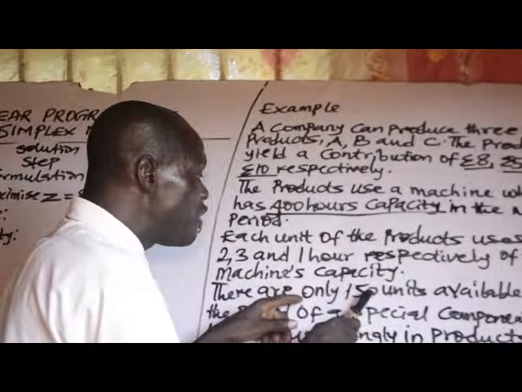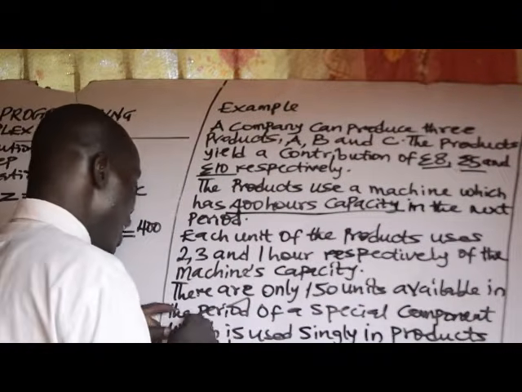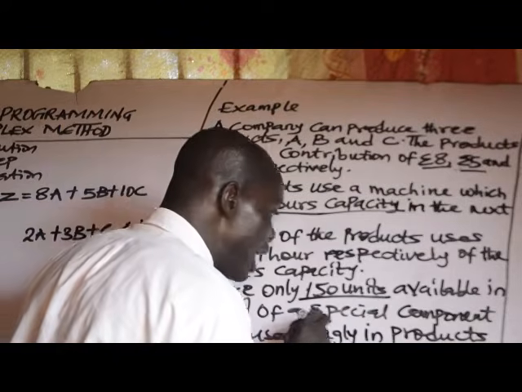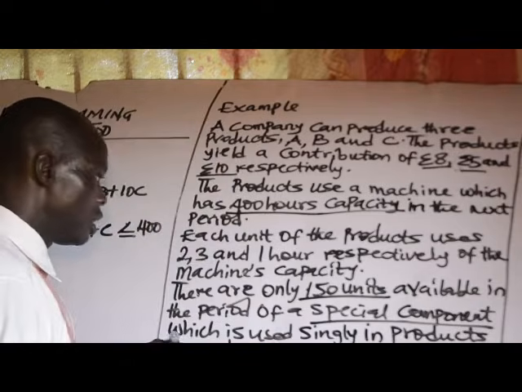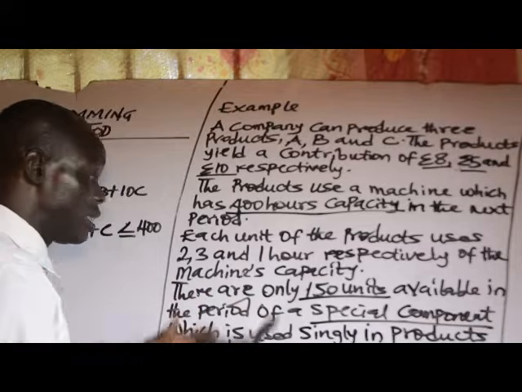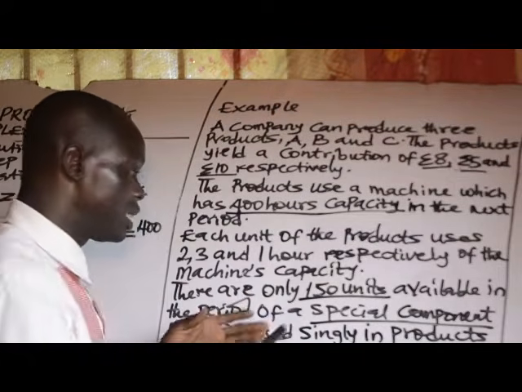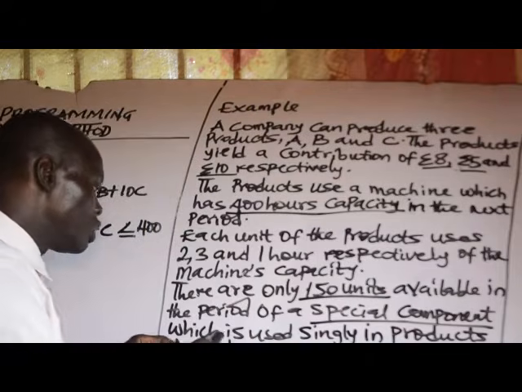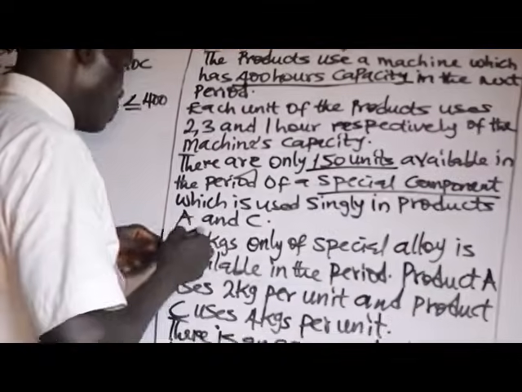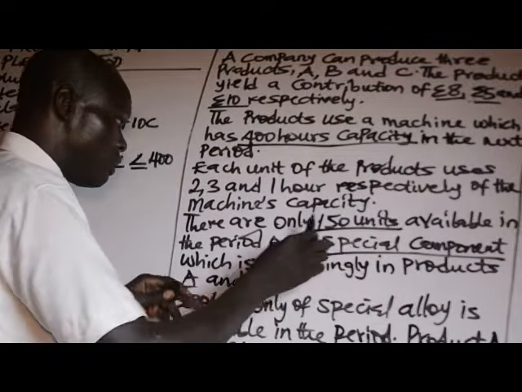There are only 150 units available in the period of a special component. The maximum availability of the special component is 150 units. So that is also a constraint by the organization, because they cannot get more than 150 units of that special component, which is used singly in products A and C. So product A and C, the special component, the available is 150 units.